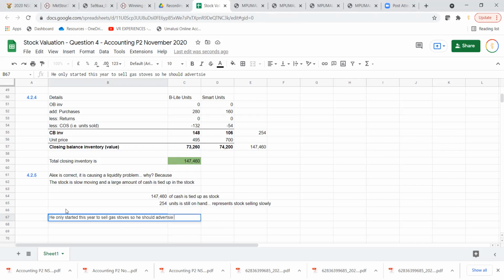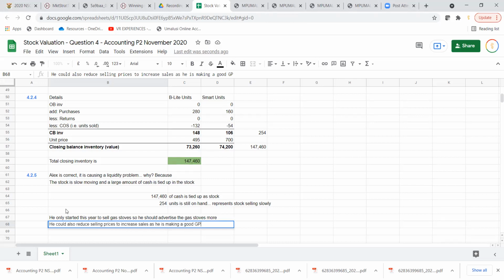advertise the gas stoves more. Okay, what he could also do, he could also reduce selling prices to increase sales, as he is making a good GP percentage.